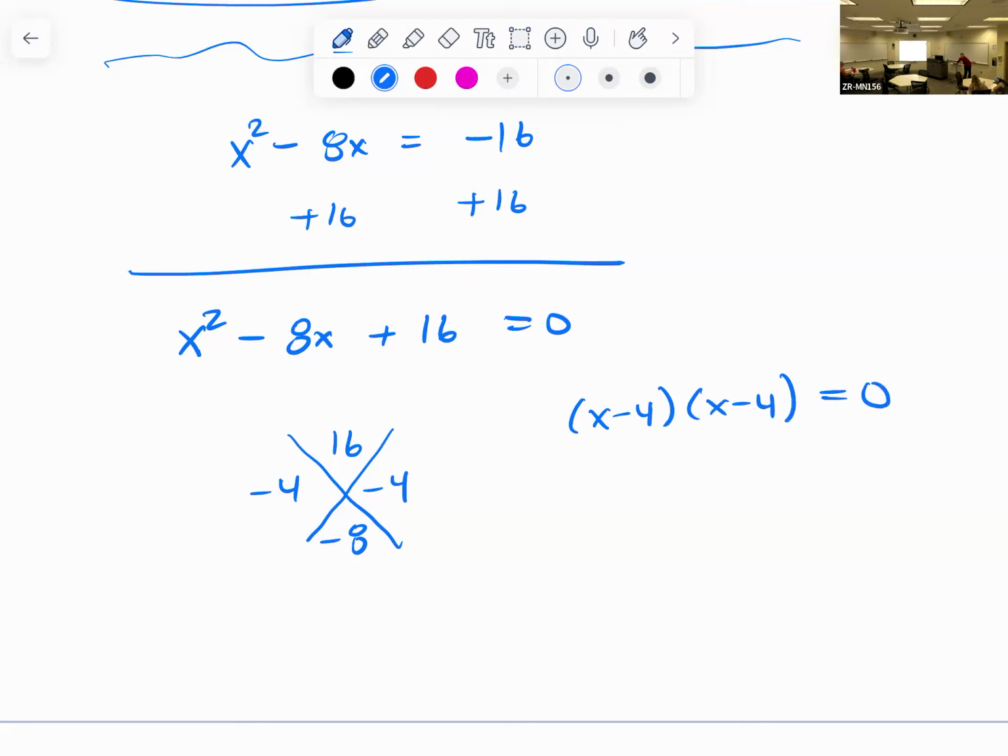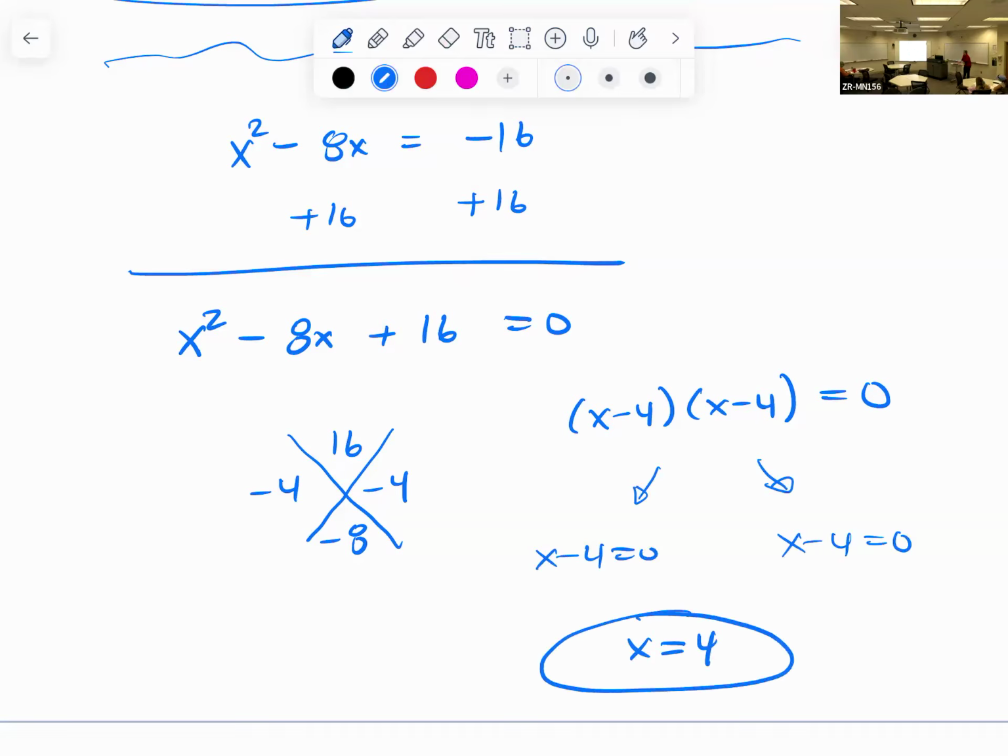So it's just factoring on the left side, but I still have that equals 0. And then I have x minus 4 equals 0. x minus 4 equals 0. Just happens to be the same solution. x equals 4.